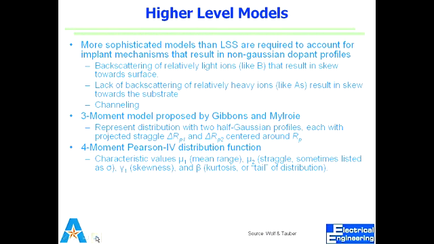A perfect Gaussian has the same profile on both sides, but here they're defined separately for both sides of the peak. Then four moment brings in other factors like skewness, or kurtosis, which is more of the tail of the distribution, how far it goes and how quickly it falls off.